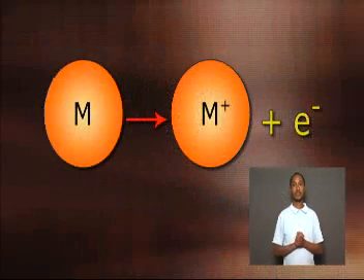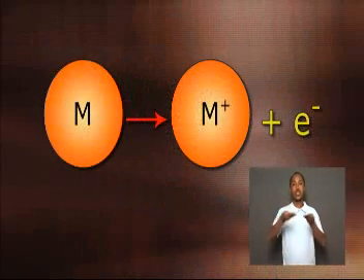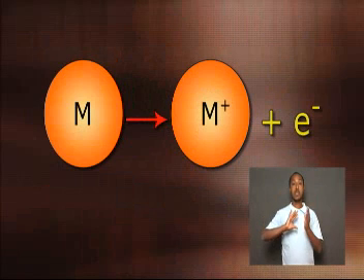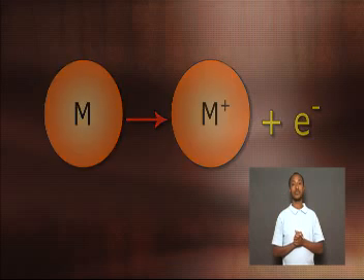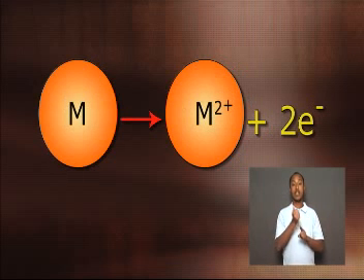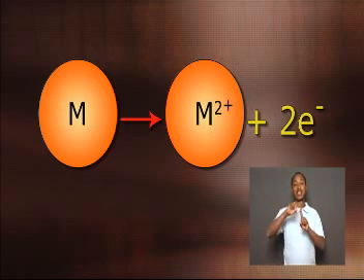They also tend to lose these electrons to become positively charged ions, or cations. If a metal loses an electron, it becomes an ion with a charge of +1. If a metal loses 2 electrons, it becomes an ion with a charge of +2.